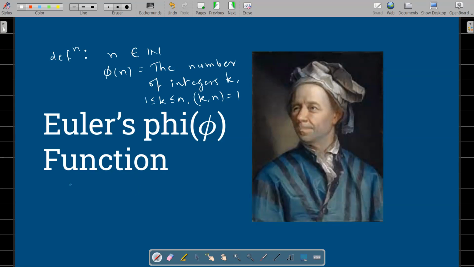So for example, let me calculate phi of 8.